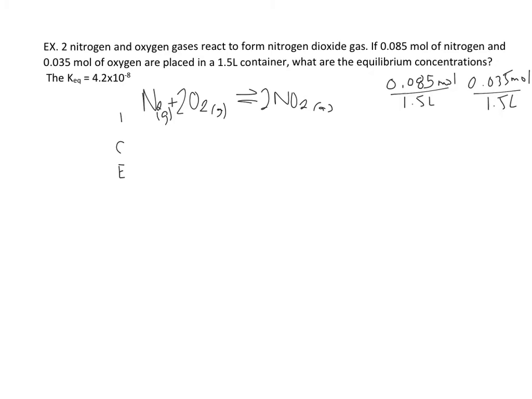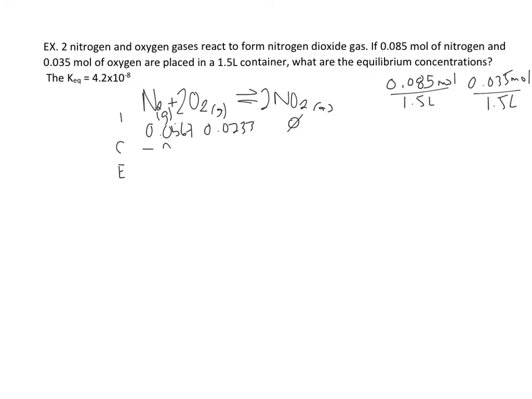We have 0.0567 moles per liter of nitrogen and 0.0233 moles per liter of oxygen, and we have 0 product because this is the start.